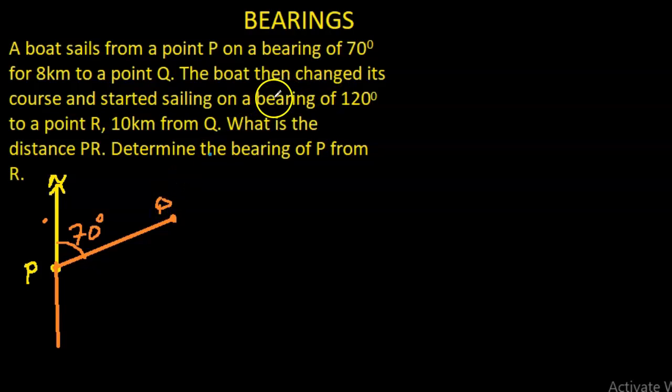After which the boat then changes course and starts sailing at a bearing of 120 degrees to a point R. So 120 to a point R. Going to R, you'll be leaving Q, right? So you have a north direction there, and you extend it to be a straight line there.